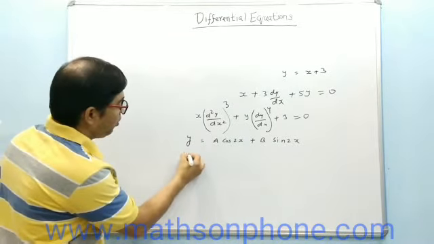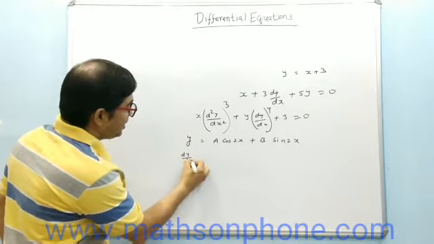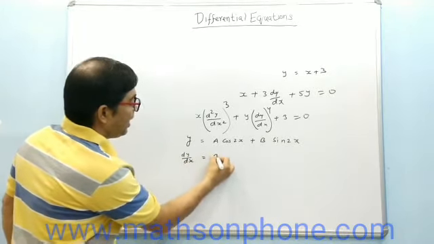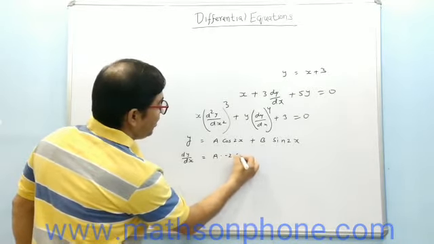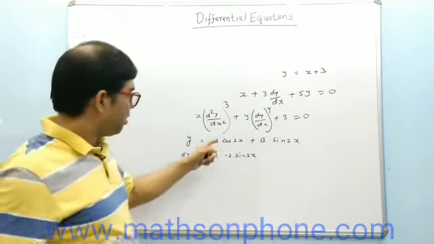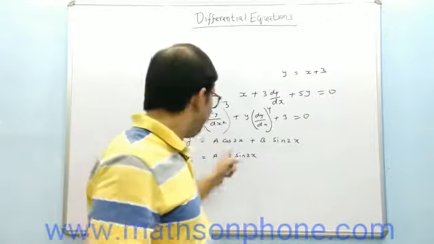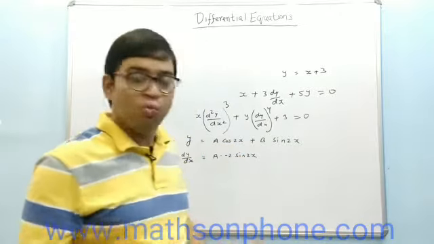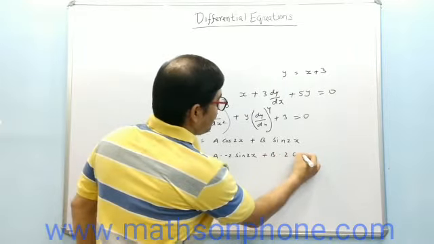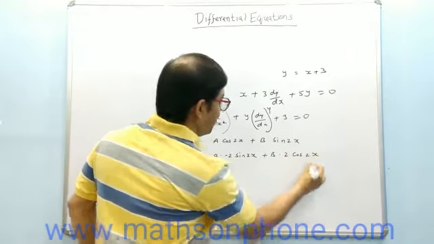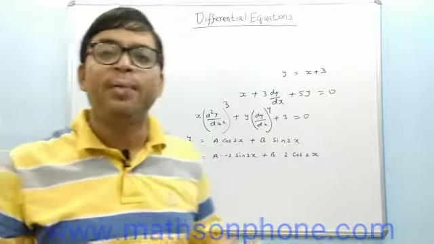So it is giving you dy by dx is equal to a into minus 2 sin 2x, plus b into 2 cos 2x. So we haven't got rid of a and b.